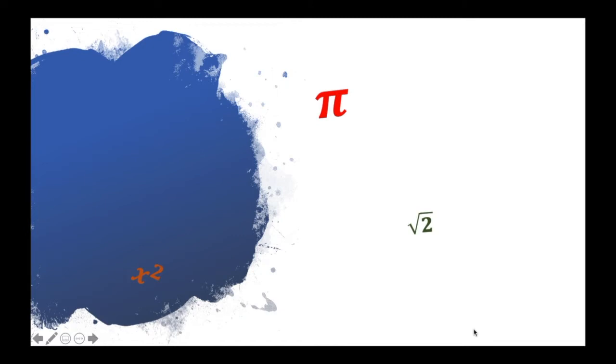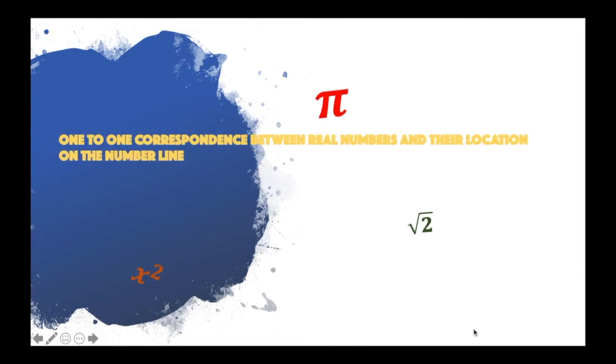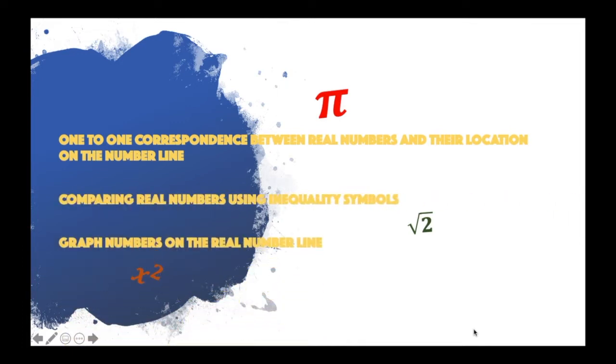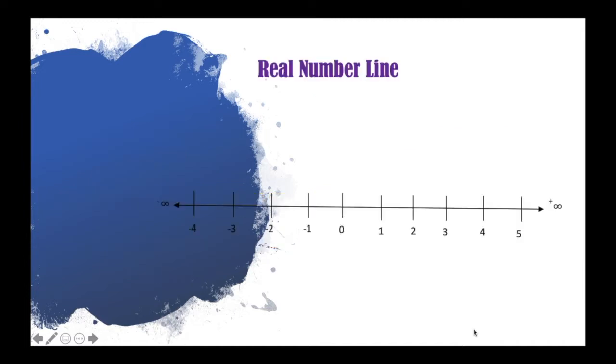So today we would like to build on this first lesson by showing that each real number corresponds to a location on the real number line. Also, we would like to compare numbers using inequality symbols and graph inequalities on the real number line. So let's begin. In this diagram, we see a portion of the real number line between the numbers -4 and +5.